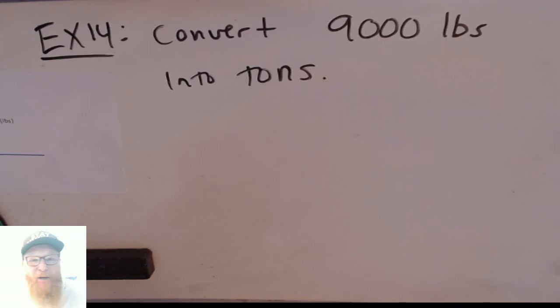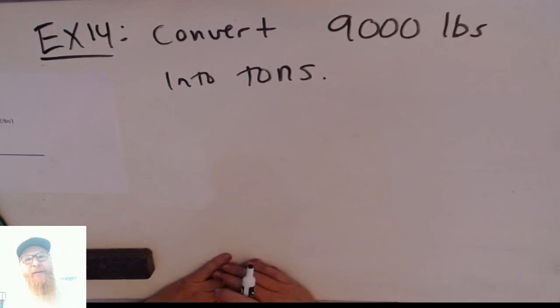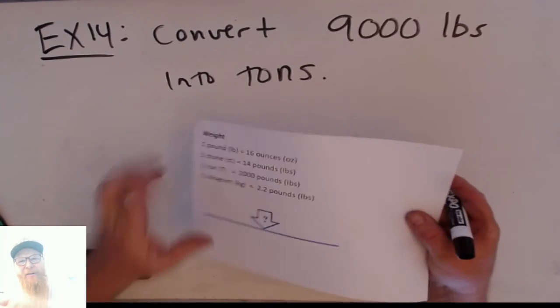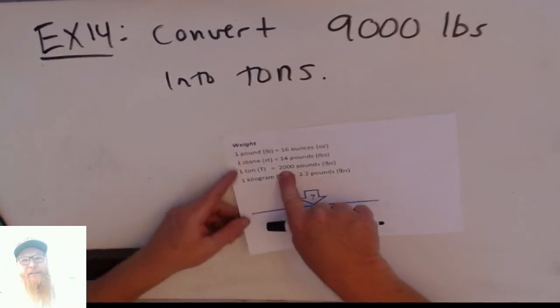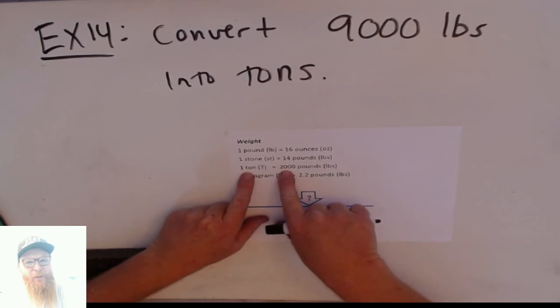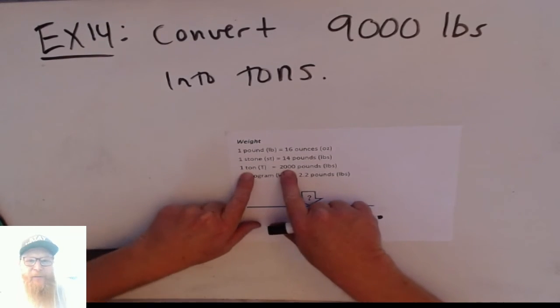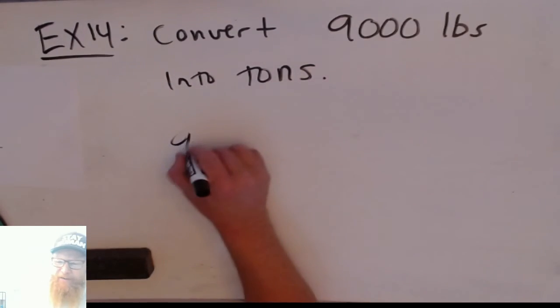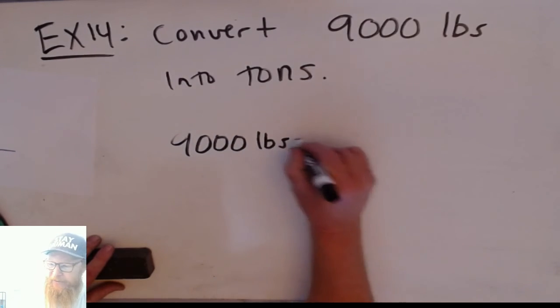Yeah, you see the truck commercials, 4 ton, 2 ton, whatever. All right. So a ton is 2,000 pounds. Yeah, easy to remember. 2,000. It's not a 1. That would be a 1,000. A ton, 2,000. So you have 9,000 pounds.